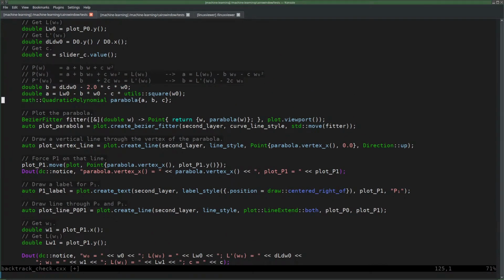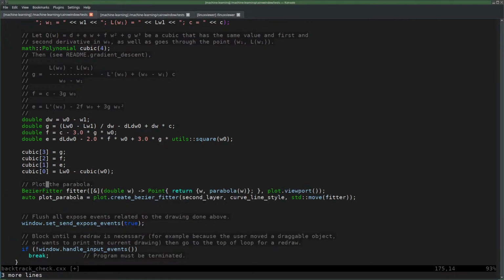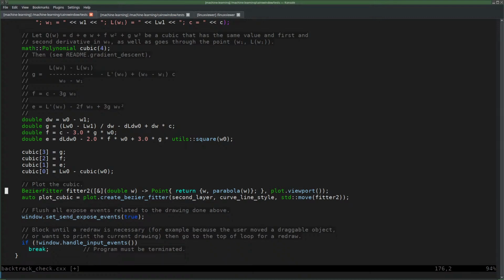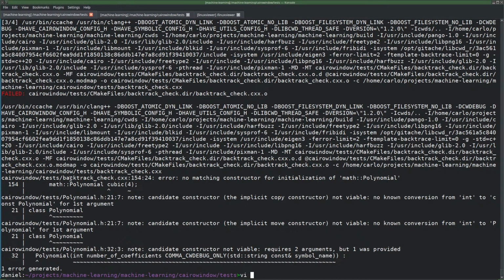Excusez-moi. Right, in debug mode, I have to pass a symbol name.